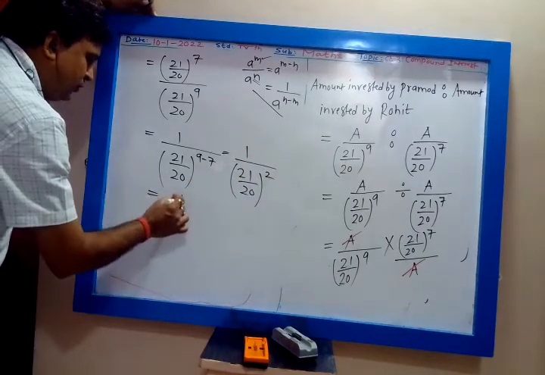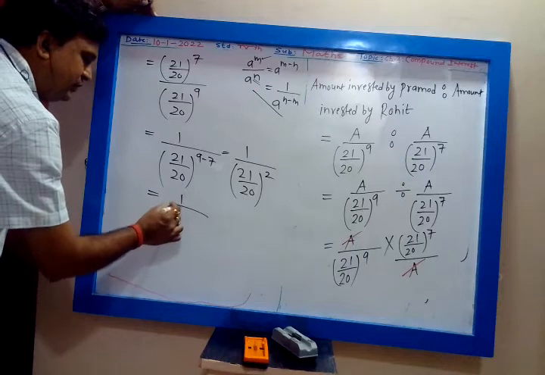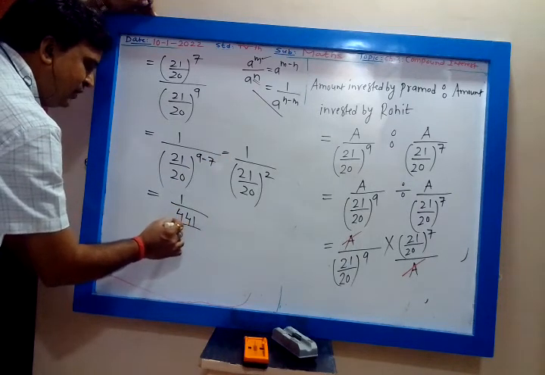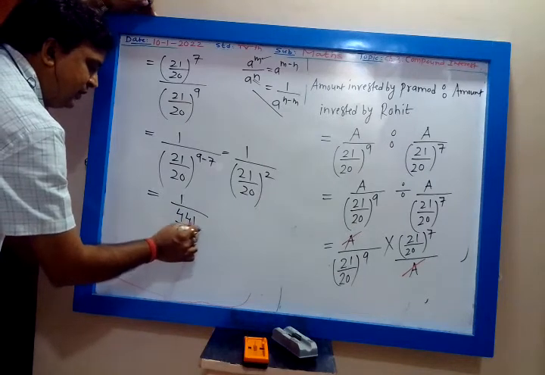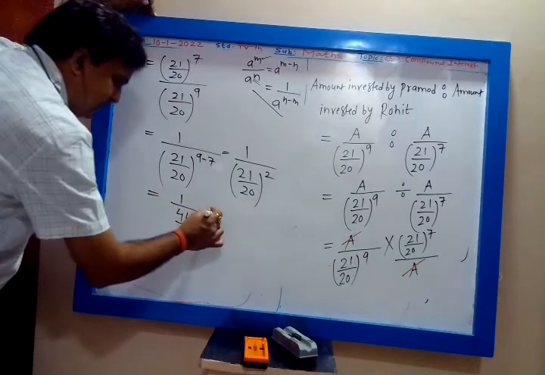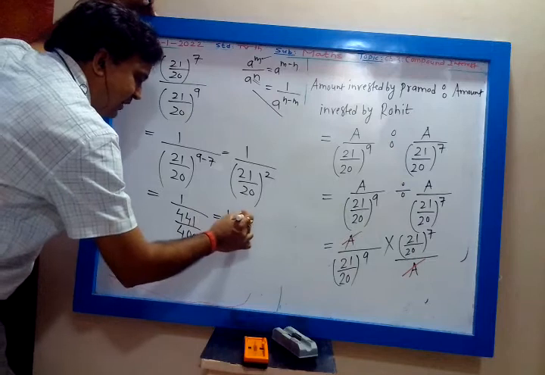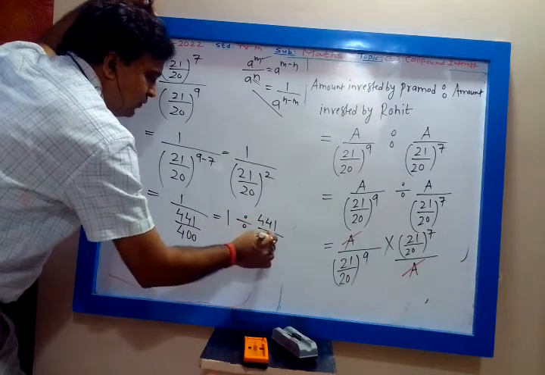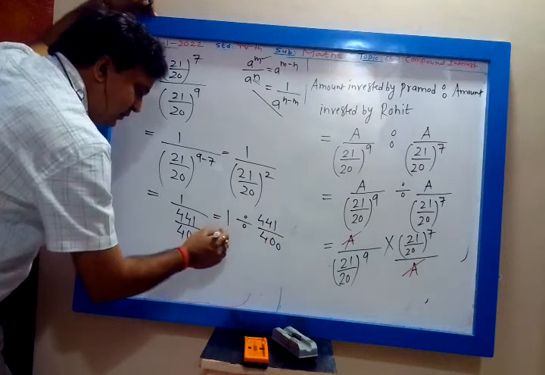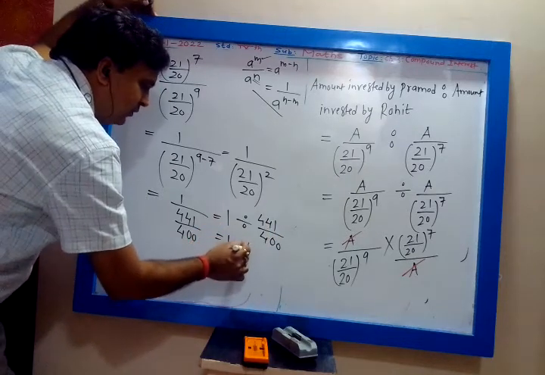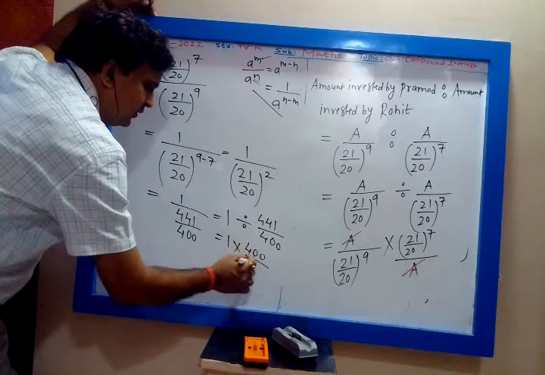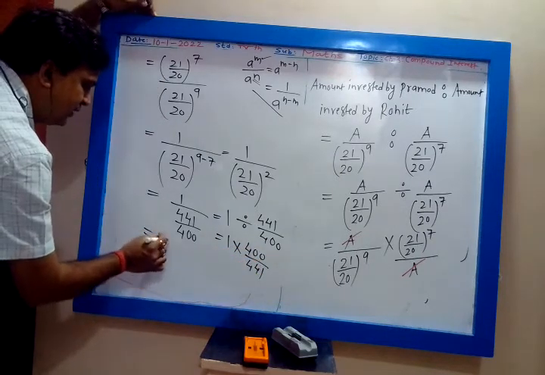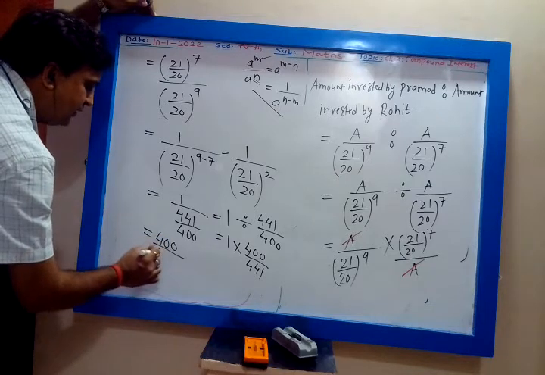So that is 1 upon 21 square, 441 upon 400. This is same as 1 divided by 441 upon 400. So this is 1 multiplied by 400 upon 441. So this is 400 upon 441.